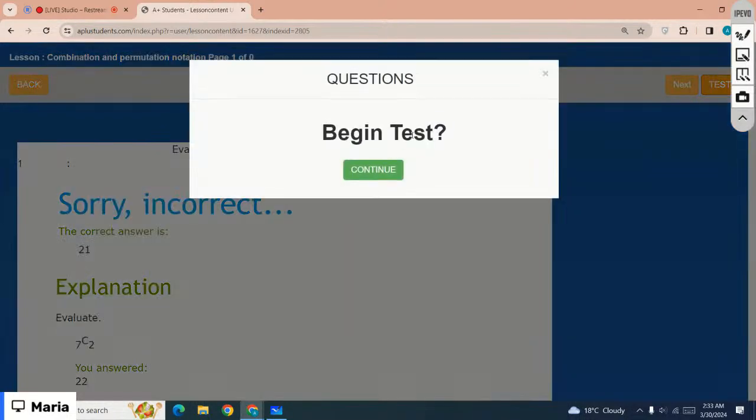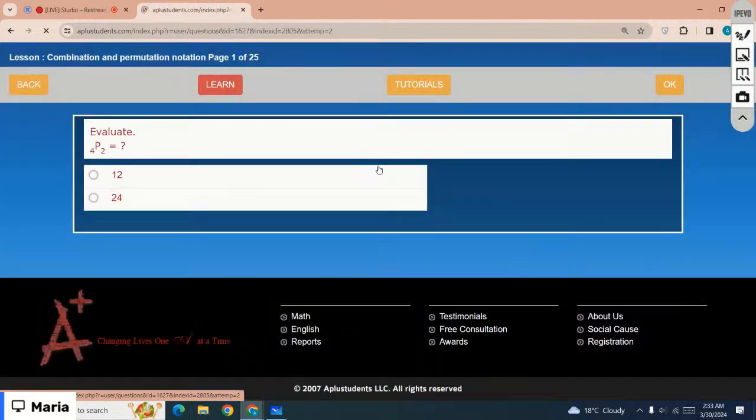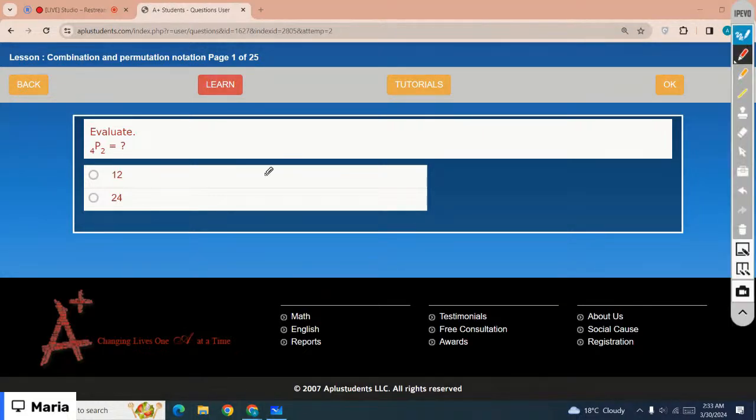Okay, let's just start with the test questions. Okay, the next one is 4P2. You have to evaluate permutations, right? So you can evaluate the permutations using the formula nPr, that is n factorial divided by n minus r factorial, right? That is the formula you have to use to evaluate the permutations.